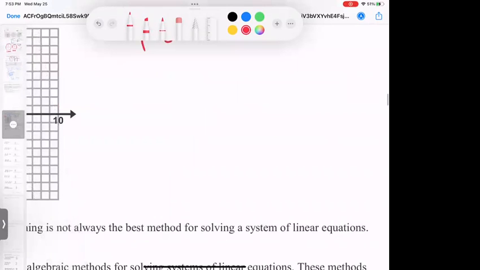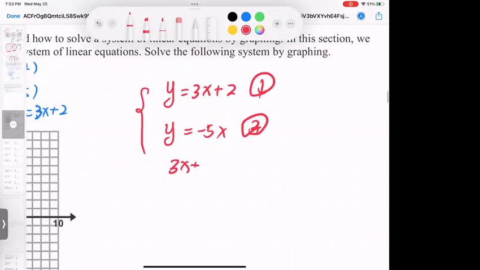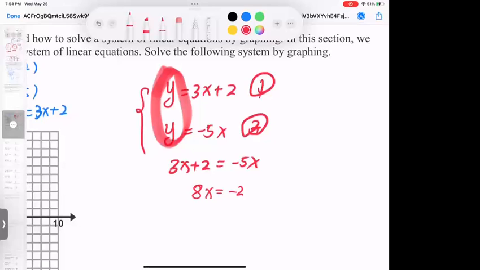So 3X plus 2 equals negative 5X, because Y is Y, right? How to solve for X? 8X equals negative 2. Am I right? Yes, it is, right? X gives negative 1 over 4.